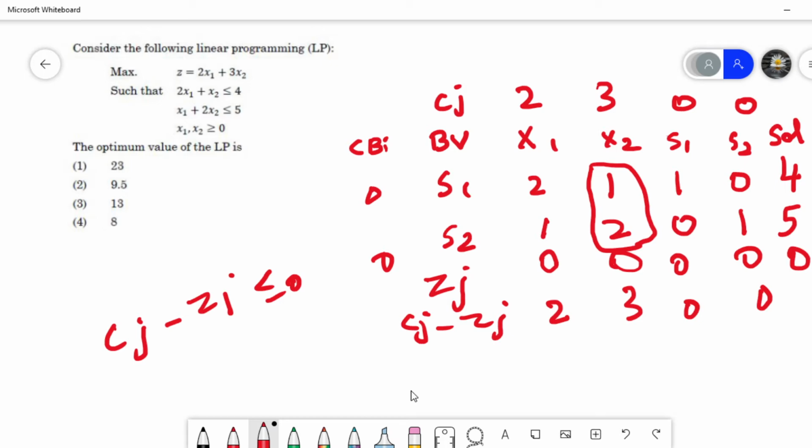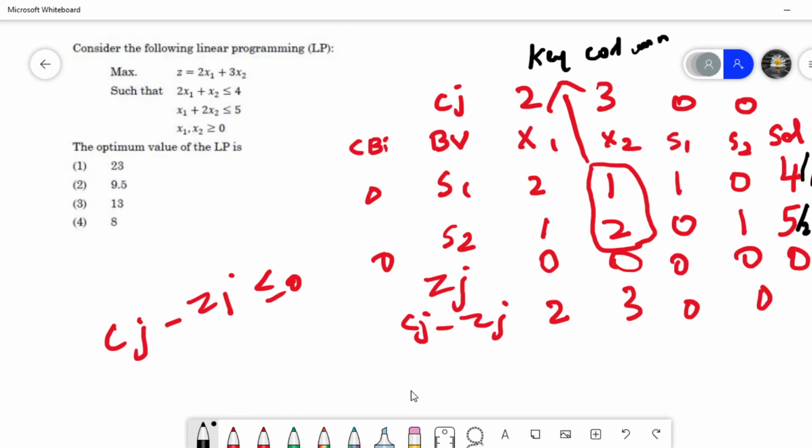It is our key column. Using the key column values, we are going to identify the key row. So we find the ratios: 4 divided by 1 is 4.